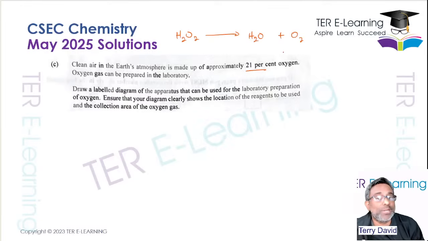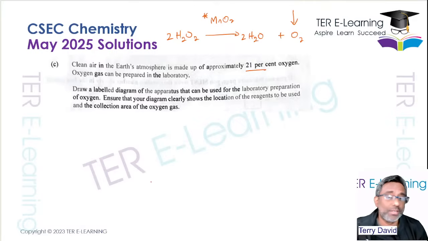Now, we catalyze this reaction by using manganese dioxide. So MnO2 is the catalyst that we use to speed up this chemical reaction.